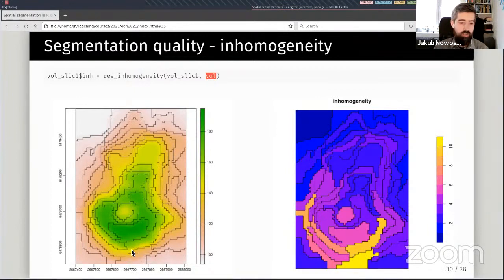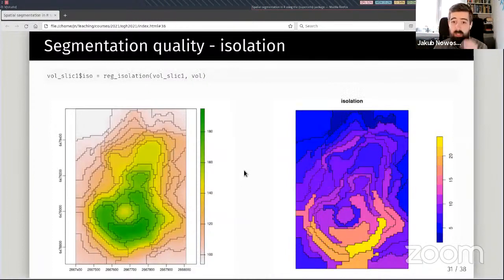Because some cells here are at an elevation of, let's say, 130 meters, but some cells are less than 100 meters. So that's why this one is not homogeneous enough. And if we look at this data, we can think, oh, maybe I need to create more superpixels to decrease inhomogeneity.